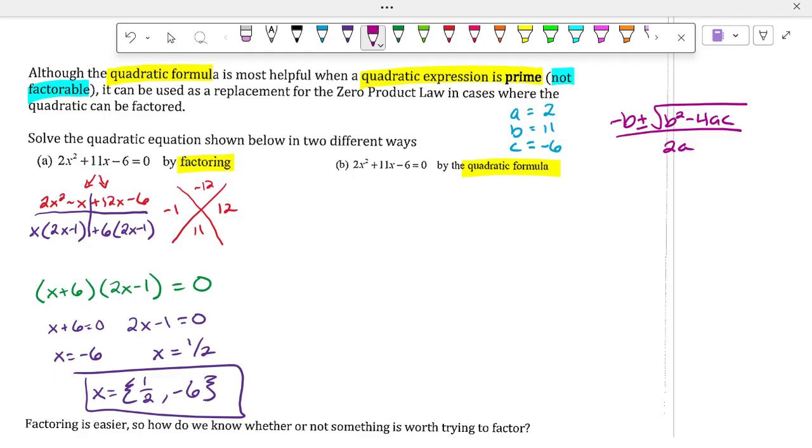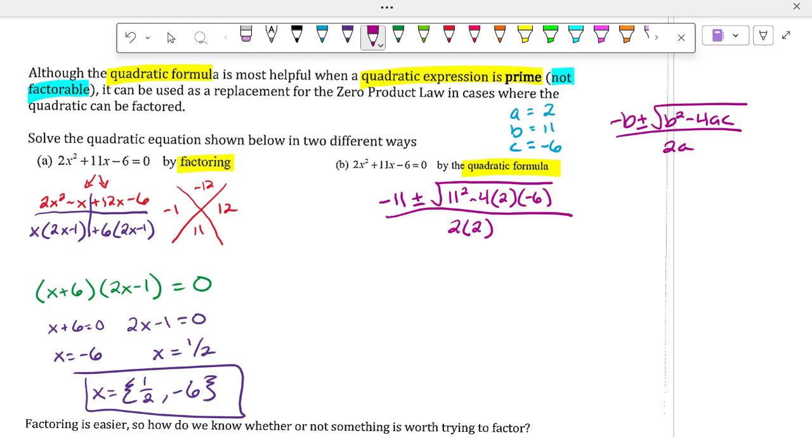So this is -11 plus or minus the square root of 11 squared minus 4 times 2 times -6, all over 2 times 2. All I did was put the numbers straight into the formula. I've done zero simplifying.